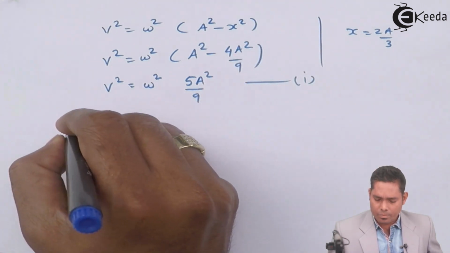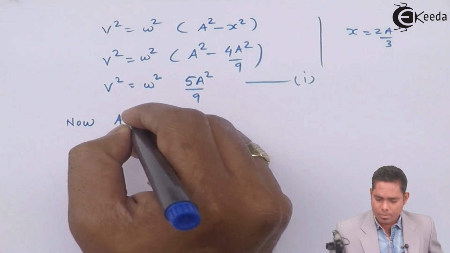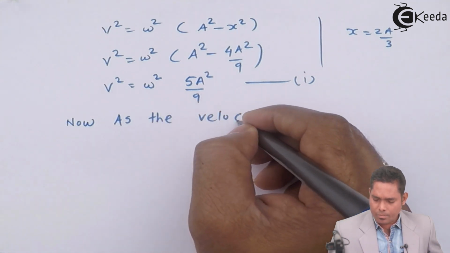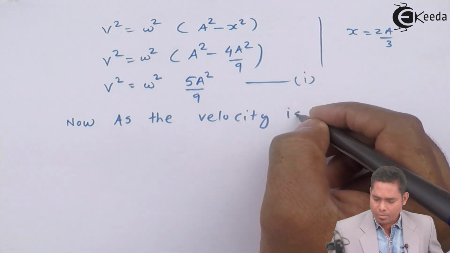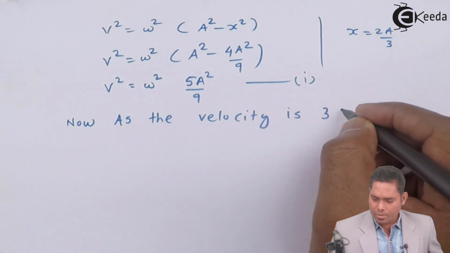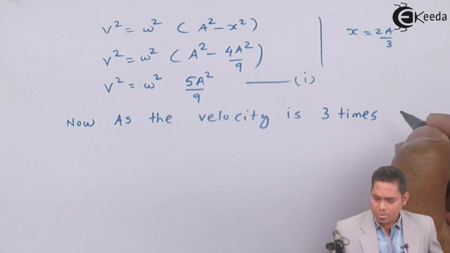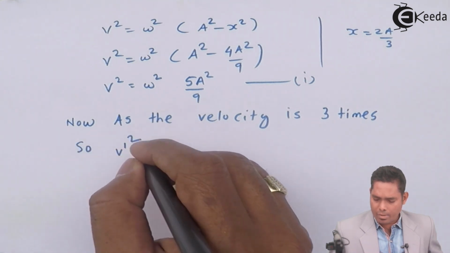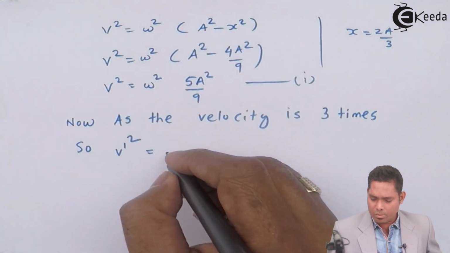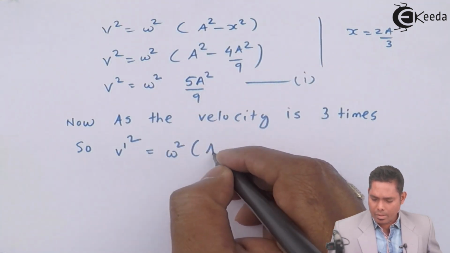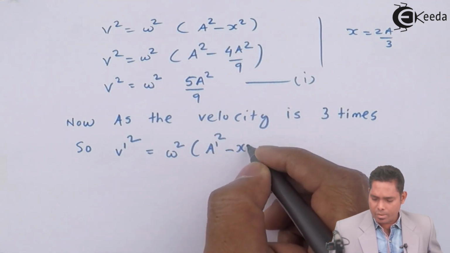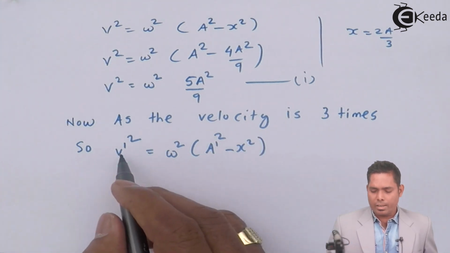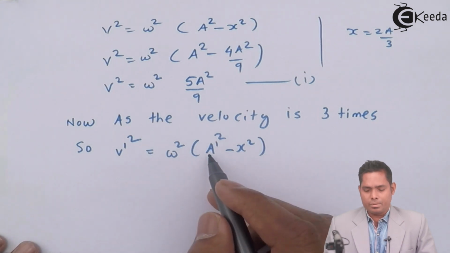Now, as the velocity is 3 times, v dash square equals omega square, a dash square minus x square, when the velocity becomes v dash and amplitude becomes a dash.